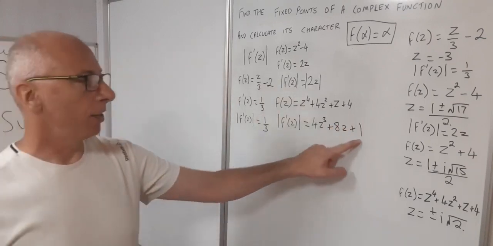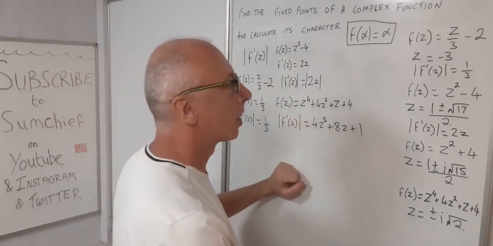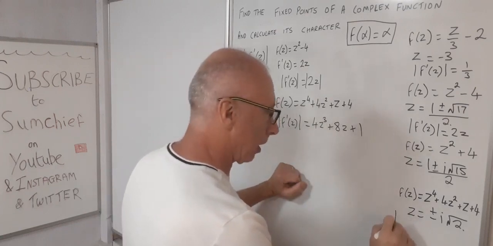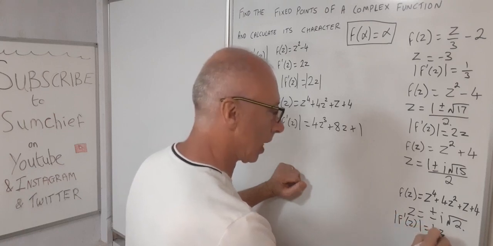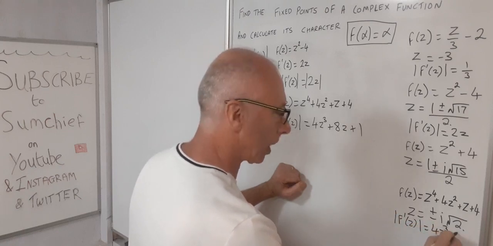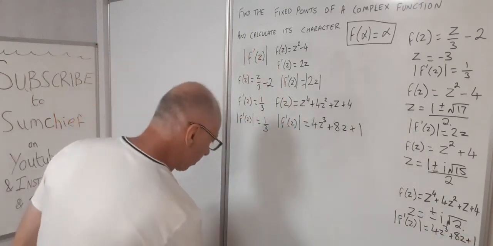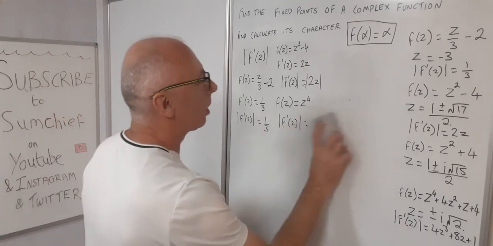So that's our derivative of that one. So f prime of z equals 4z cubed plus 8z plus 1. Okay, let's work out the characteristics of each of the points.